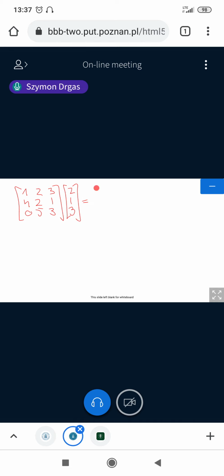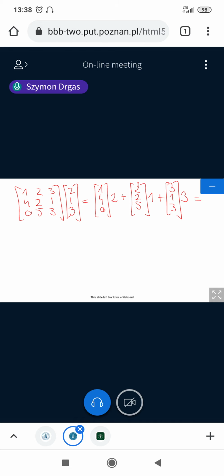And this is the same as the first column of this matrix, 1, 4, 0, multiplied by the first component of the vector, so times 2. Then the second column, it is 2, 5, 2, times 1. And finally, we have 3, 1, 3 multiplied by the third component of this vector.